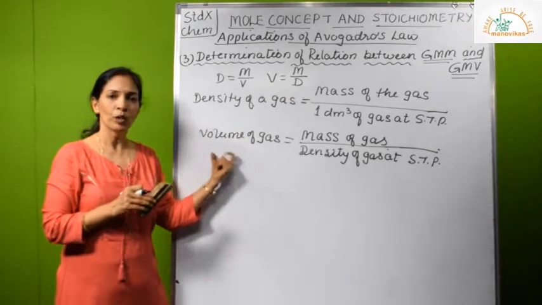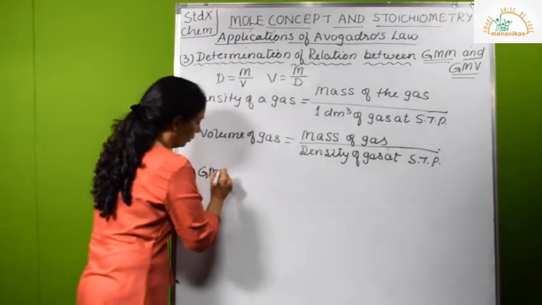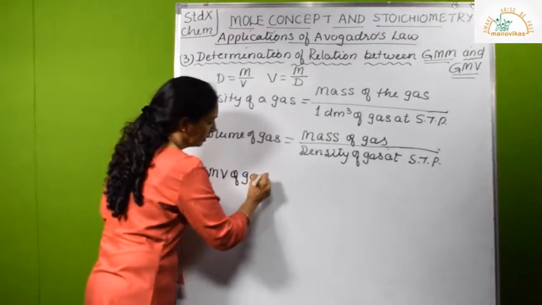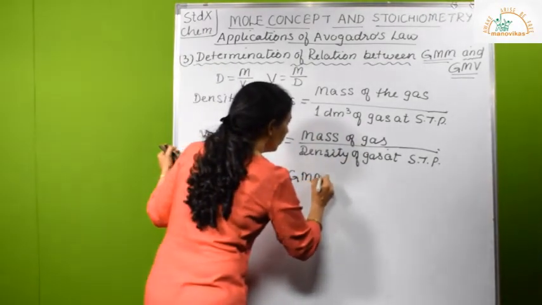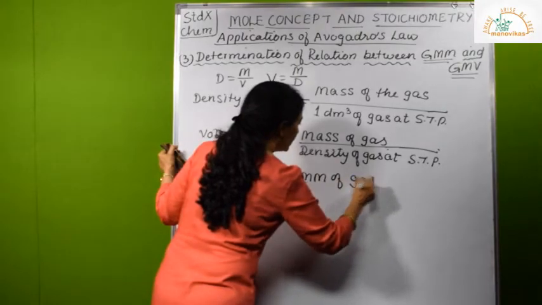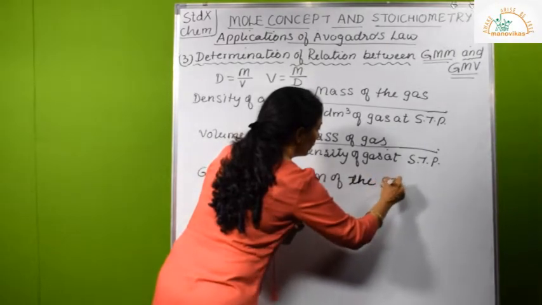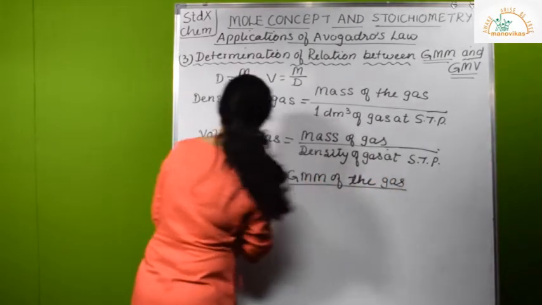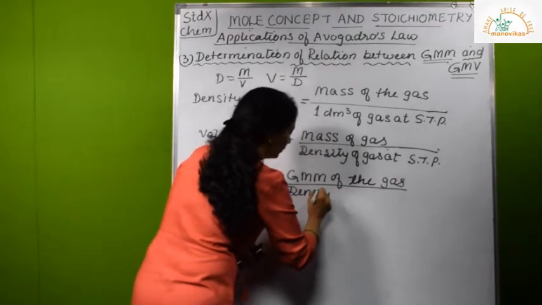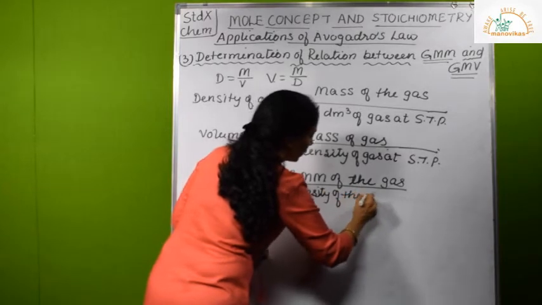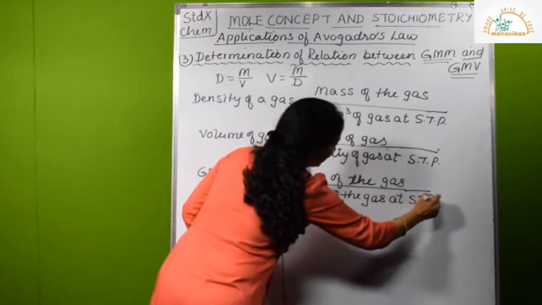If we write volume of the gas, gram molecular volume, GMV of gas will be equal to gram molecular mass, GMM of the gas, upon density of the gas at STP.